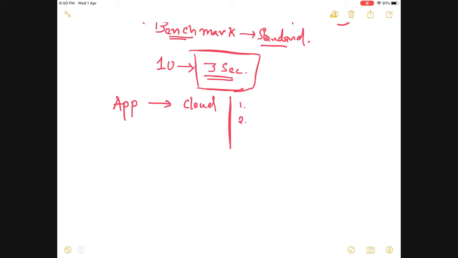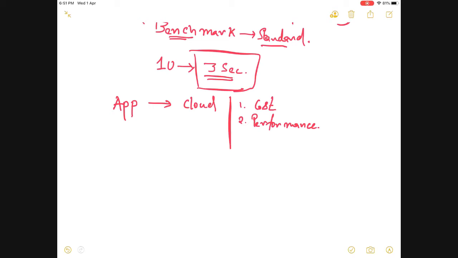One is the cost aspect. Second is the performance aspect. Now, this performance aspect can be considered in terms of speed, and the cost aspect can be considered in terms of how much money the client actually has to pay to the data center owner to deploy this application and have it running.